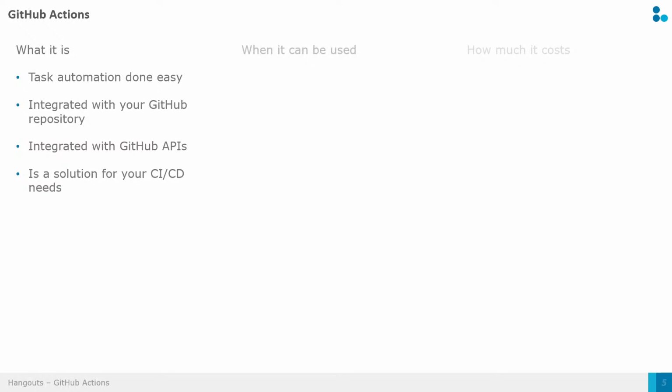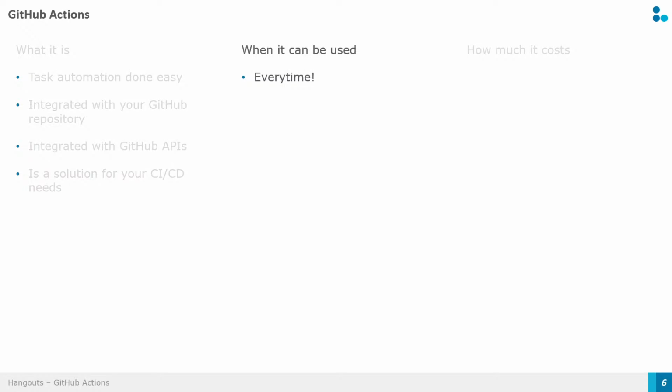And when it can be used, every time, those GitHub Actions are event driven. So any event on GitHub can be a trigger to an action.